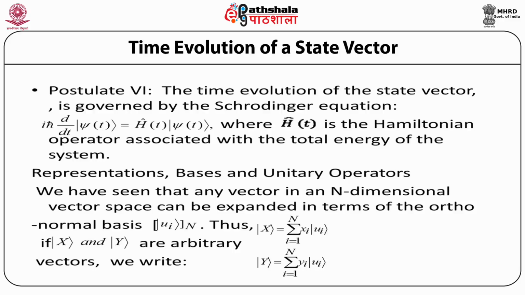Ket vector x is equal to the summation over i going from 1 to n, where n denotes the n-dimensional vector space, xi times the ket vector ui, where xi are the coefficients.